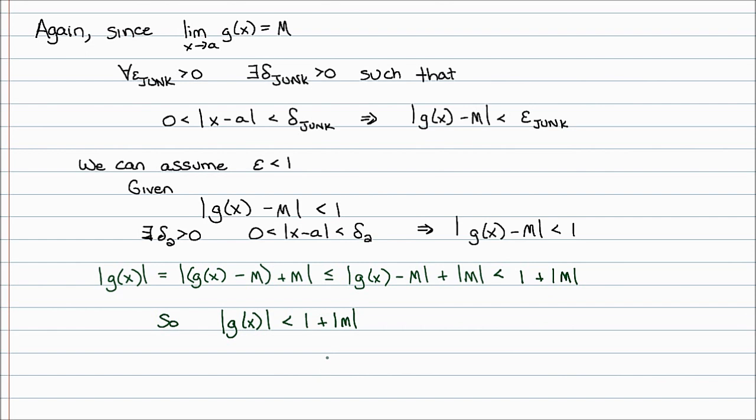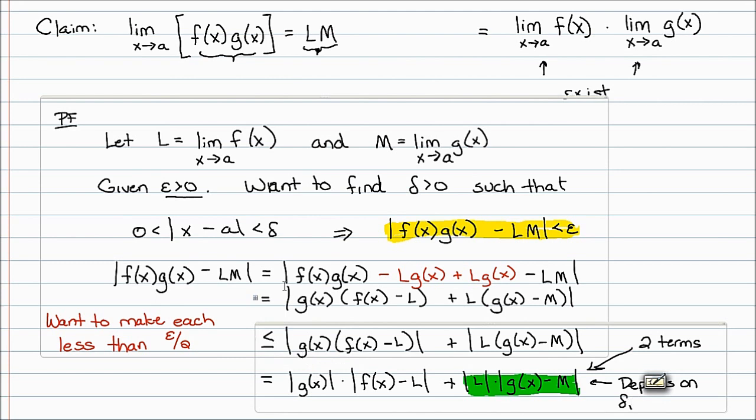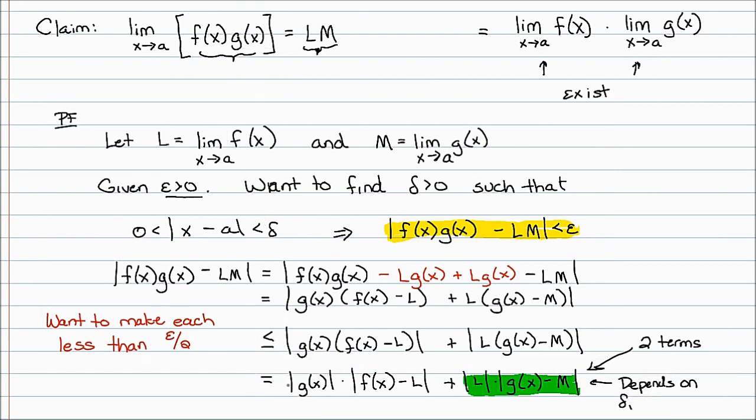Now I promise we're almost done. If you go back to the original claim here, at the bottom we have this absolute value of g of x times the absolute value of f of x minus L, right? That's what we want to show is less than epsilon over 2. Well, I happen to know that I can find a delta sub 2 that will bound g of x.